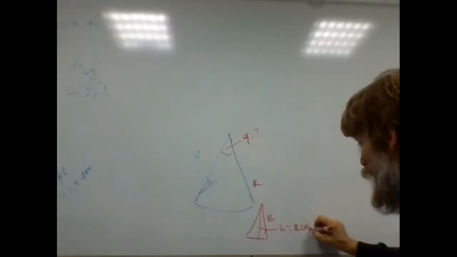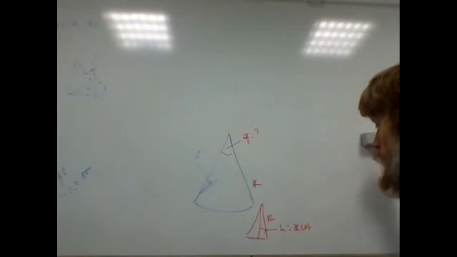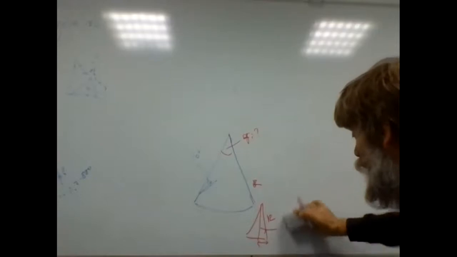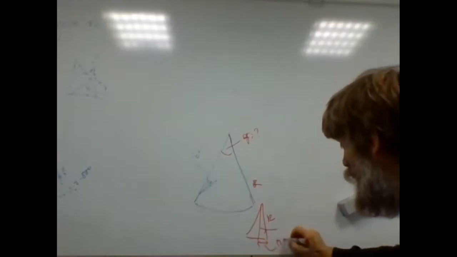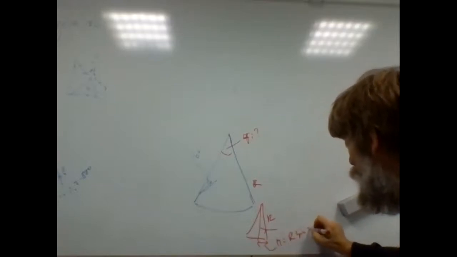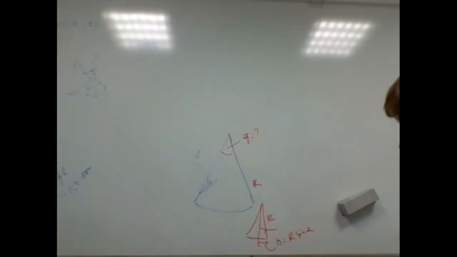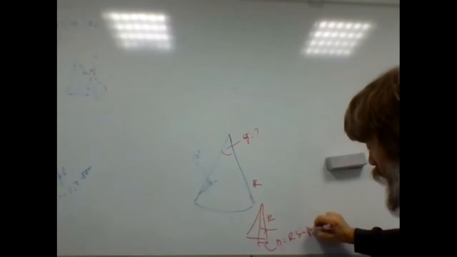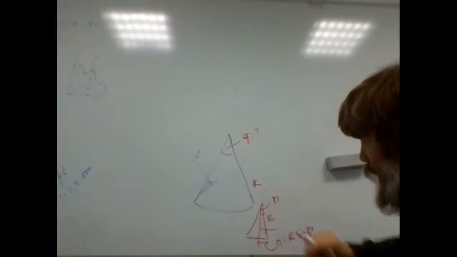We need this side here, so this radius is r multiplied by sine alpha. Sorry, sine beta. So this is beta.